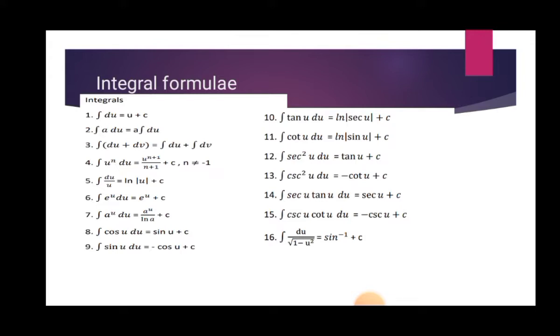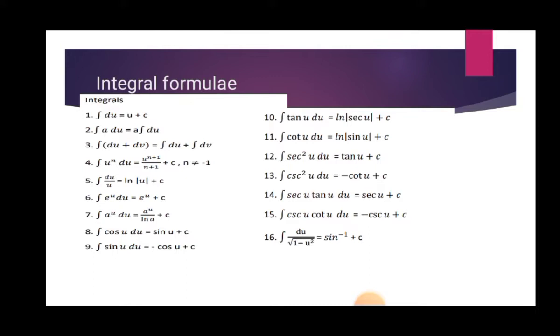Fourth is the integral of u raised to n du is equal to u raised to n plus 1 over n plus 1, plus c, where n is not equal to negative 1. Next is the integral of du over u is equal to ln u plus c.